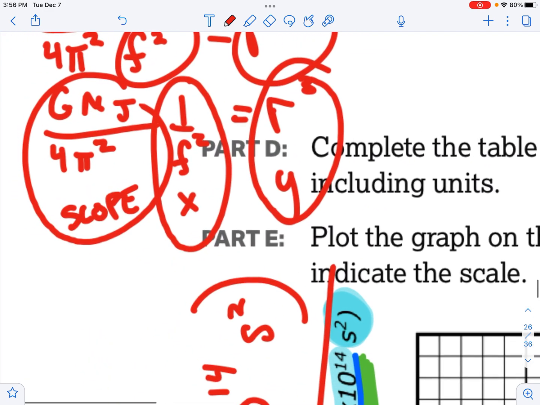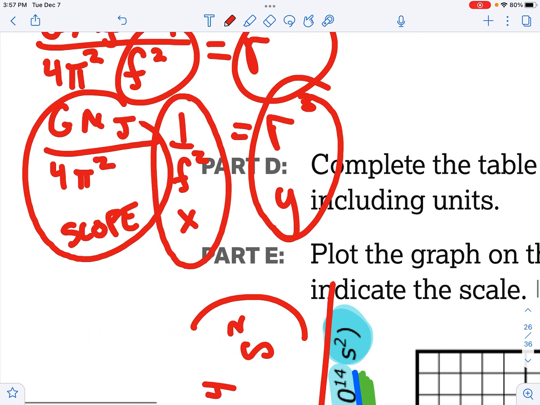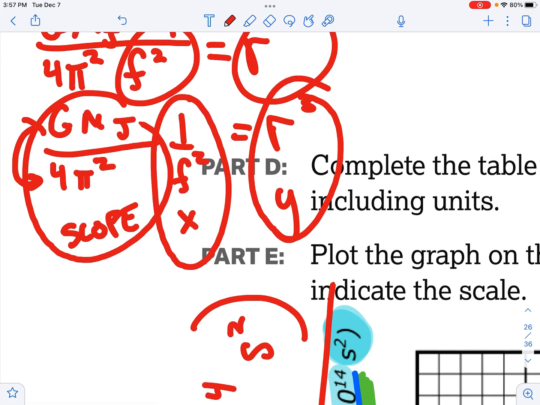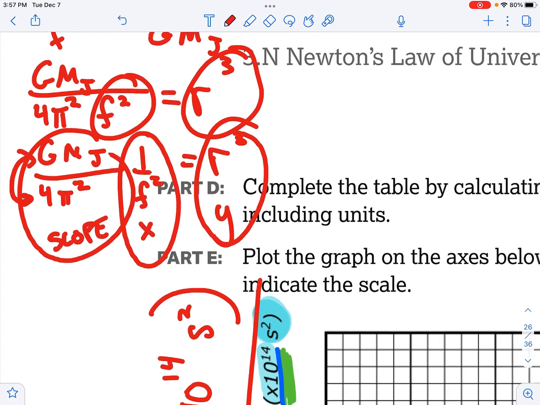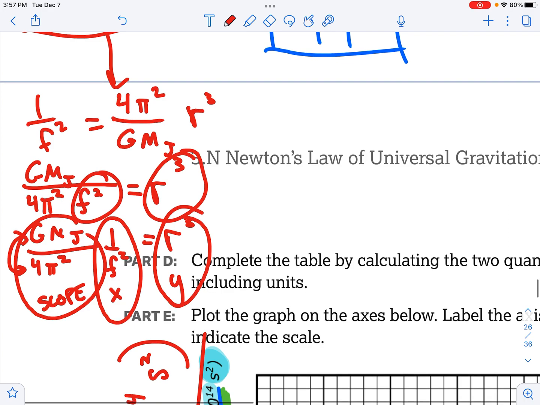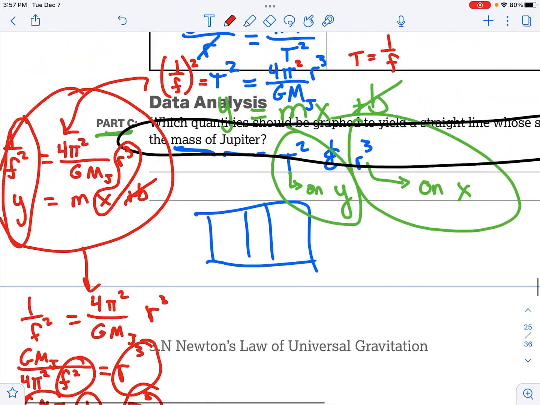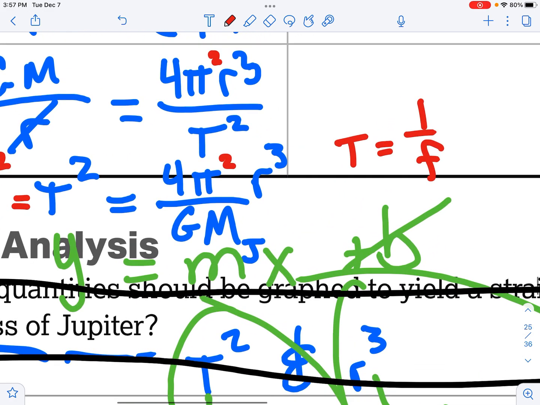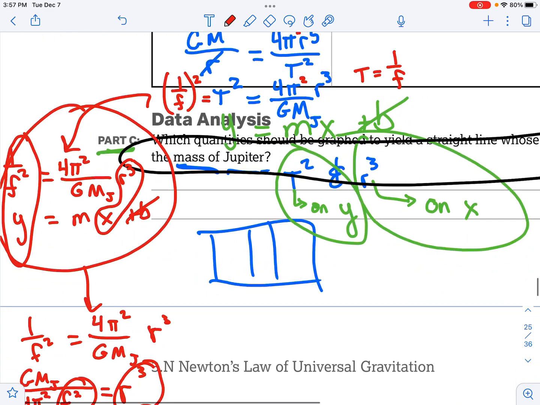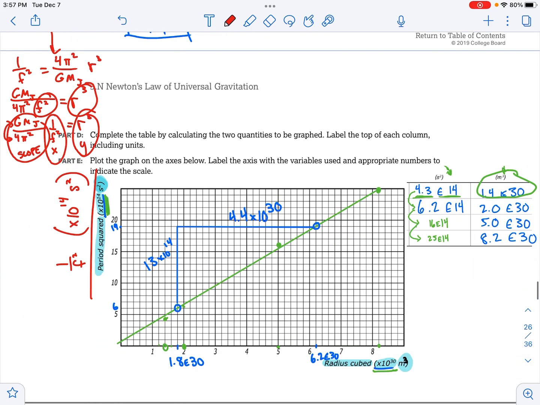And the answer is yes, we're going to get the opposite slope, but you'll also notice our equation is also opposite. That part says GMJ over 4 pi squared, where it used to say 4 pi squared over GMJ. So yes, things are flipped, but everything has flipped, so it'll all work out.